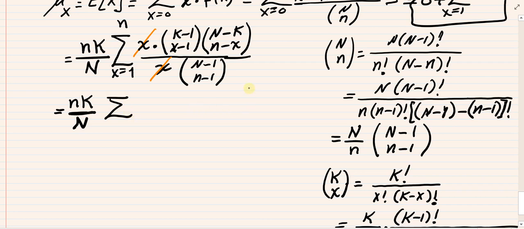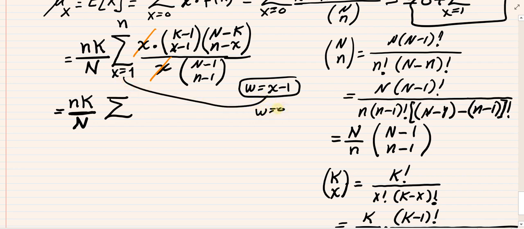We're going to let w be x minus 1. We're going to make that substitution. So if w is x minus 1, then when x is 1, w becomes 0, right? When x is 1, w becomes 0. So that means I can write this as sigma w from 0 to n minus 1.